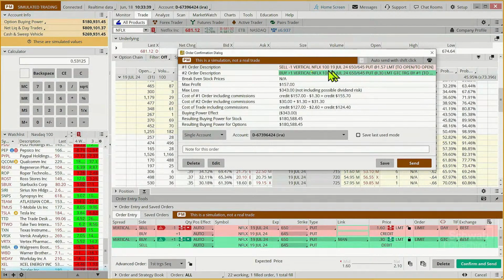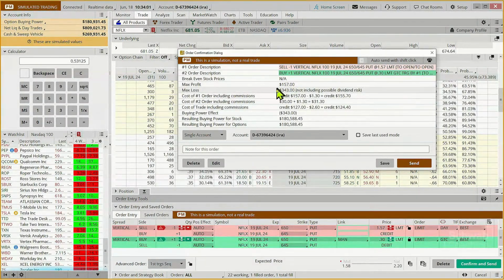we're at 650. We're selling a put vertical for 650 and 645 for 157. And we want to buy it back when we've got about 80% of our max gain. Our max profit on this is the 157 were it to expire worthless.